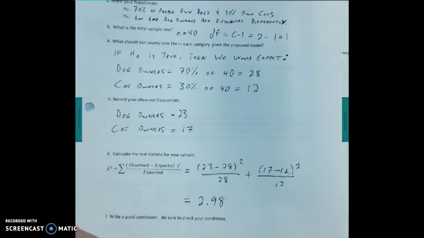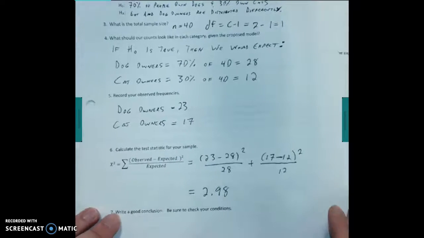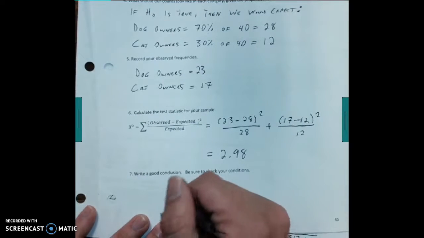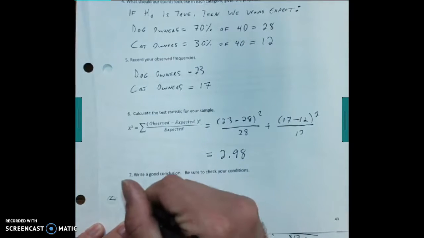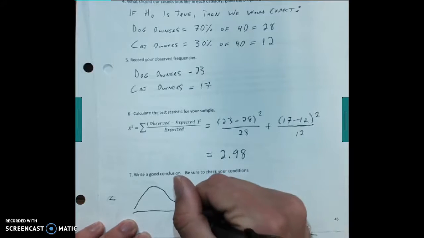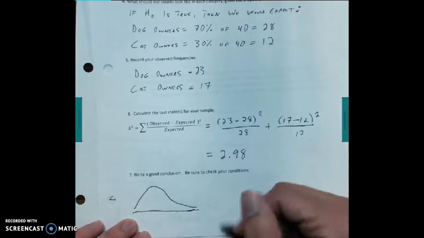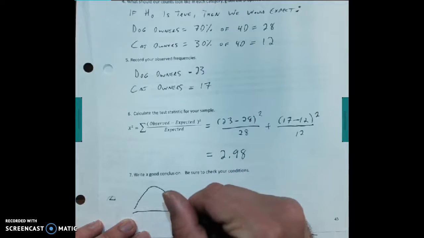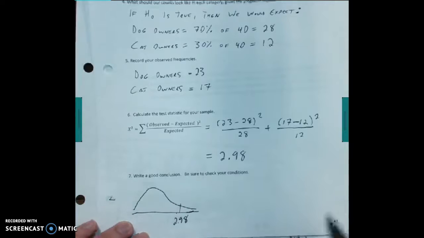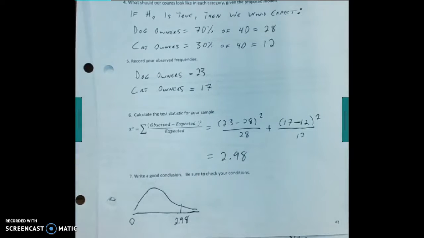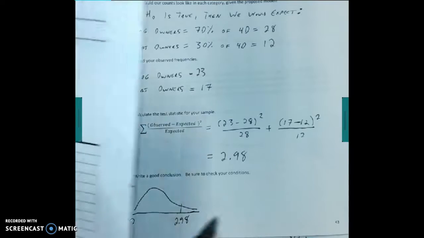Is that big enough? Well, it depends on the distribution here. So I always like to draw the chi-square statistic, remembering that the chi-square is always a one-tailed test. Here's 2.98 right here. That's my test statistic. Is that far enough away from 0 to suggest that we should reject the null hypothesis?